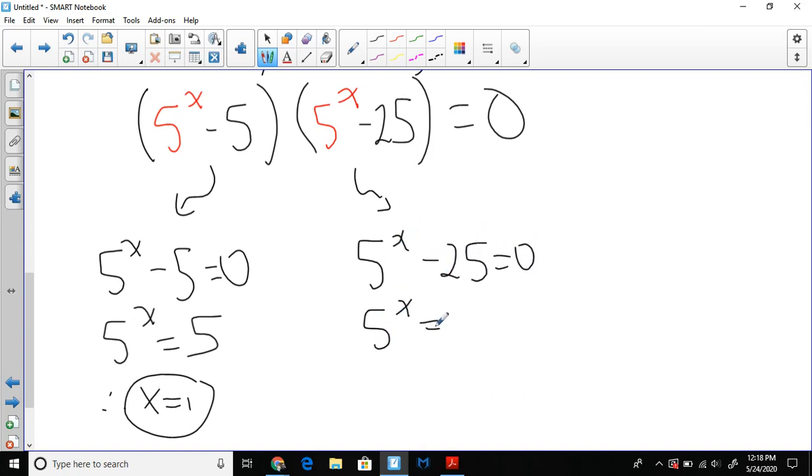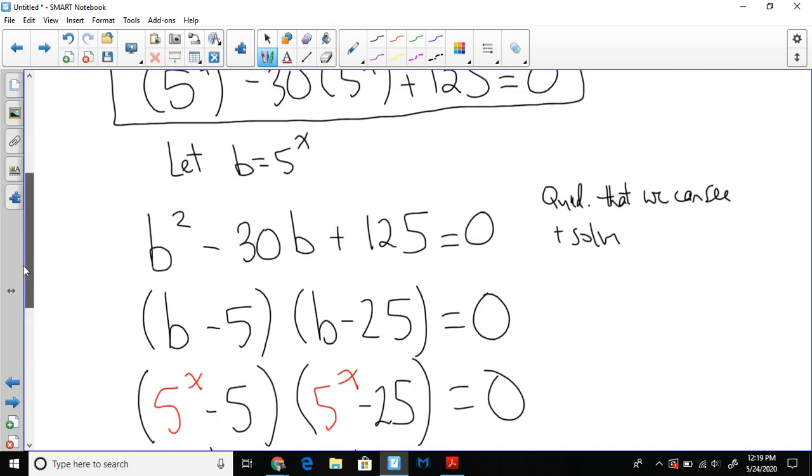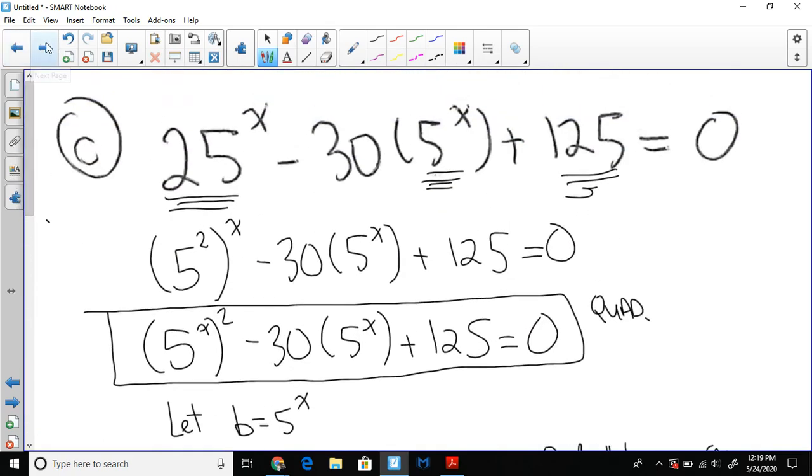And this one is just as easy. 5 to the x equals 25. 5 to the x equals 5 squared. Therefore, x equals 2. Okay? So those are my two answers. All right? So there's one more left that I'm going to ask you to try on your own.